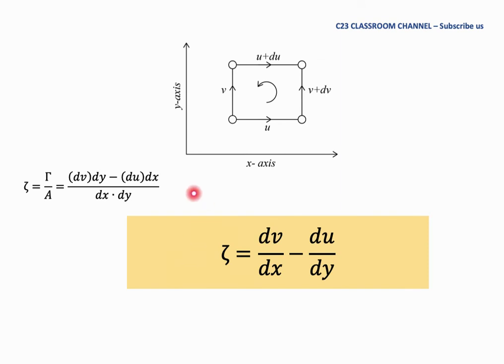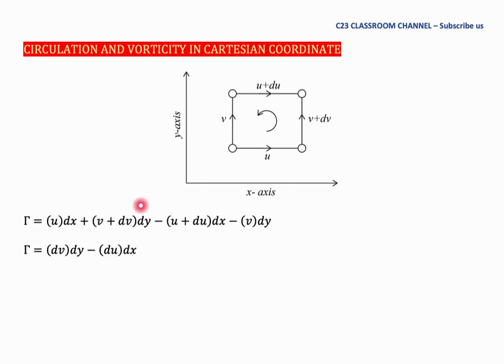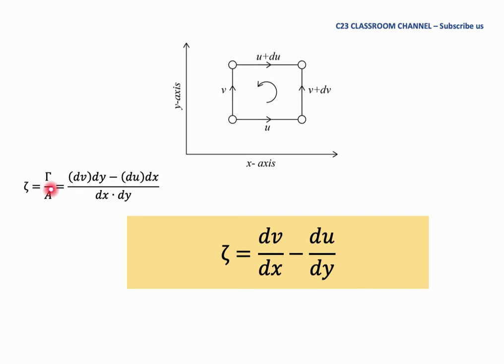Then, to calculate the vorticity, zeta here, the equation is gamma divided by the area. And the gamma here, dv dy minus du dx, is actually obtained from this calculation. So we have gamma as dv dy minus du dx, and we need to divide it by the area.